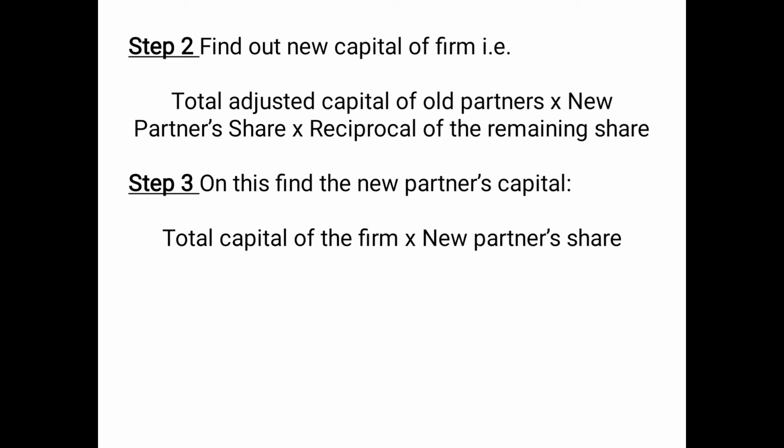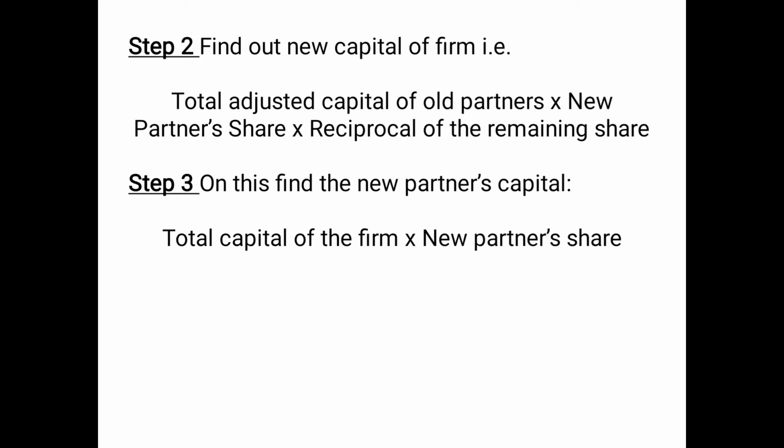What will be the formula? The formula will be total adjusted capital of the old partners as depicted by the capital account multiplied by the new partner's share, that is, the share for which the new partner is coming, multiplied by the reciprocal of the remaining share.